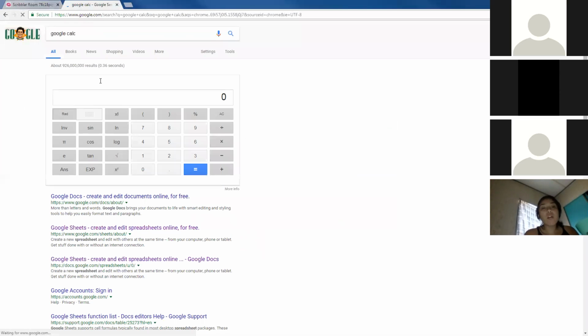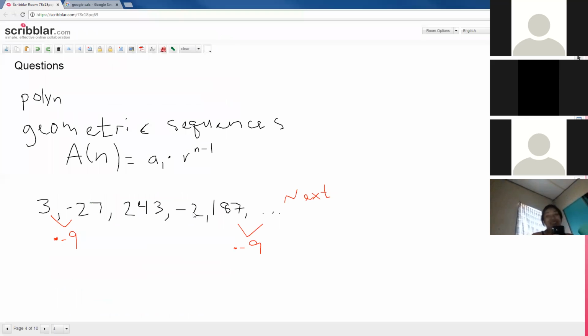I like to use Google Calculator or like Desmos Online Calculator. So 2,187 times 9 is 19,683. Pretty big number. And it was a negative times a negative, so it's positive 19,683.